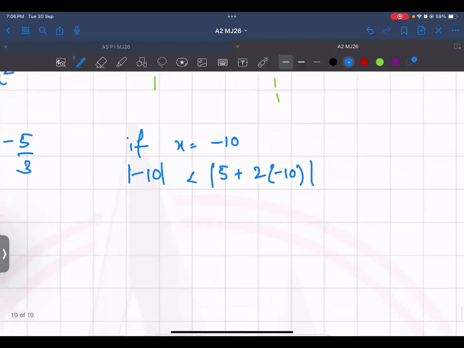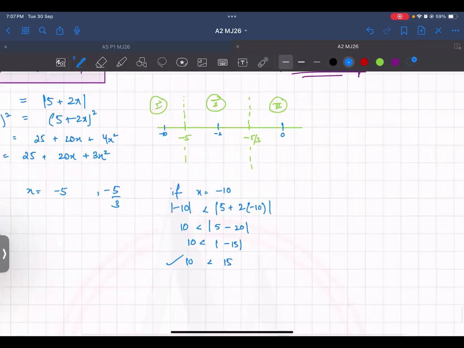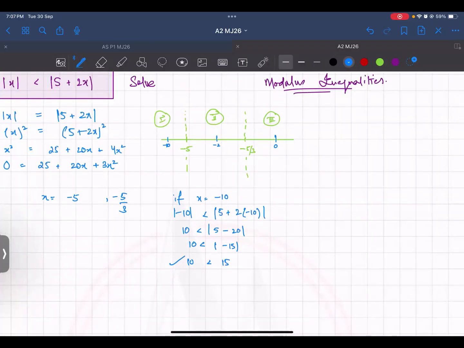Now simplify. Modulus of minus 10 would be 10, and 5 minus 20 is minus 15, so 10 less than 15. Is 10 less than 15? Yes. This means this region is part of the solution. This is satisfying the question.